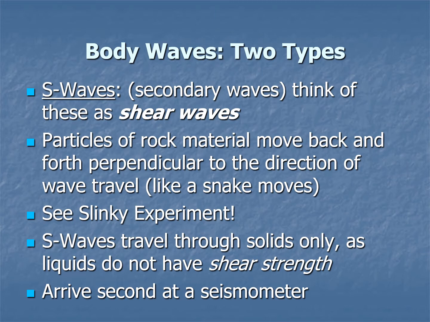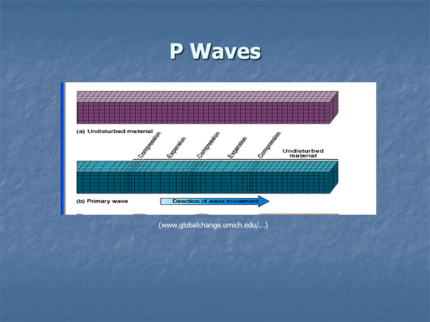That's okay. Here's a nice static drawing trying to show how a P wave moves. In the drawing on top, imagine that that's a big block of granite, and the rectangles are just individual feldspar crystals in the granite. They might have that rectangle shape.